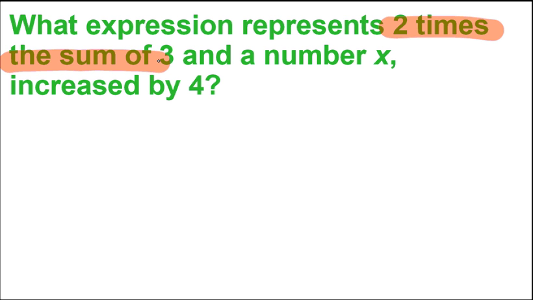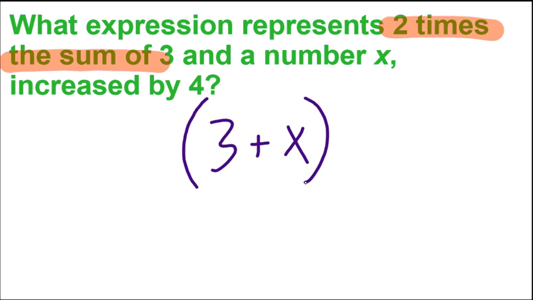The answer to an addition problem. It's the answer, right? So how do we make sure that we get the answer of a sum first? So it says sum of 3 and x. But how do we make sure we do that first? Put parentheses on it. And then it's 2 times the sum. So it'd be 2 times our parentheses. And then increased by 4 just means we've got a plus 4 at the end.